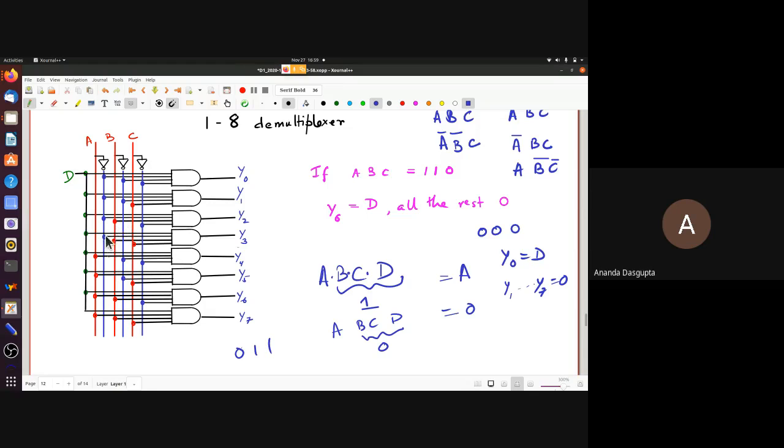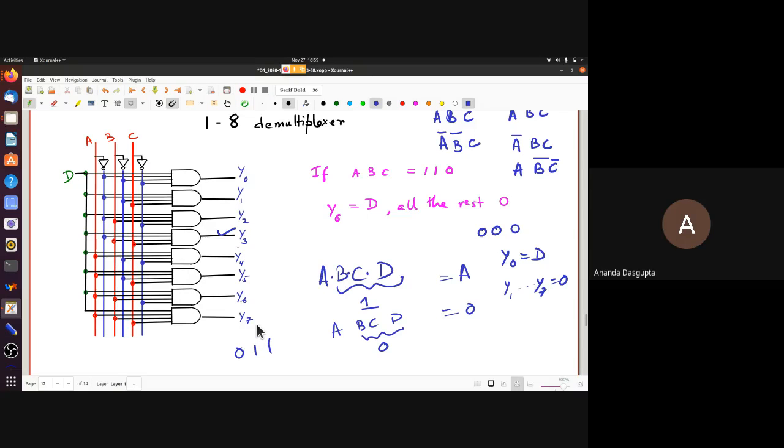Only this particular AND gate, the one whose output is marked Y3, is going to get 1, 1, 1 for the 3 inputs, right? Because A is 0, that means A bar is 1. And D, so the output is going to be D for Y3, 0 for all the rest.